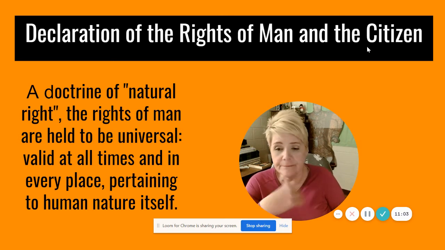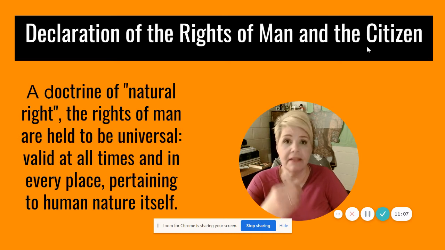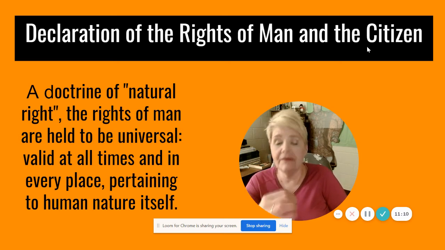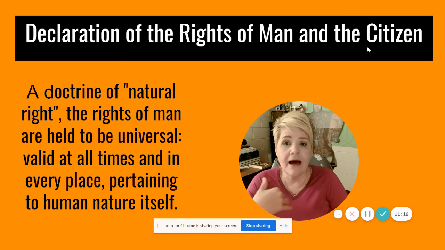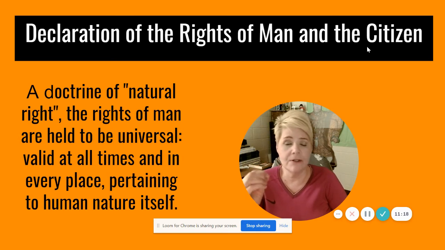So literally this is the document that they sat down in France and wrote out all the natural rights of people and how they should apply and how they should be governed. It was a very important document in history, the Declaration of Rights of Man and its Citizens.